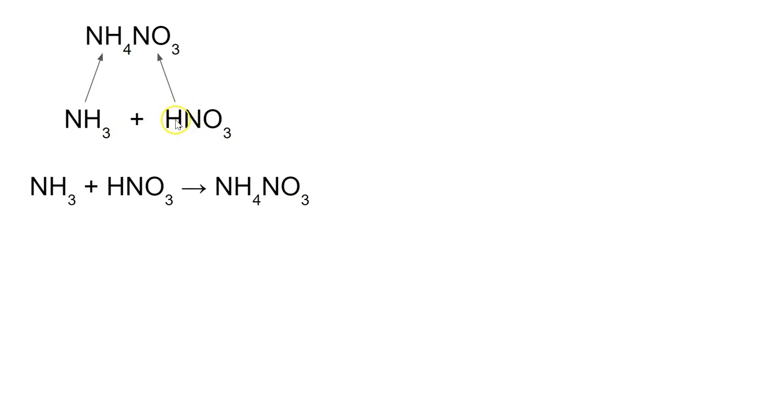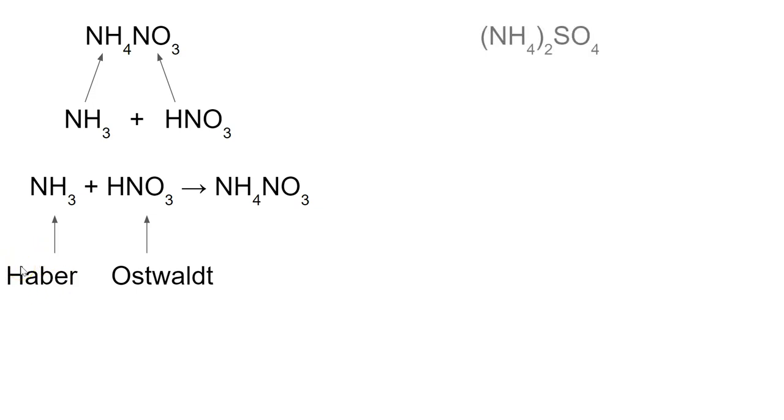If I take this hydrogen and add it over there, then I'll get from the ammonia the ammonium ion, NH4. And then I'm left with a nitrate ion on this side. So from my balanced equation, I see that I need ammonia and I need nitric acid. Ammonia I'm going to get from the Haber process. And in this video, we are going to look more closely, specifically at the Haber process.